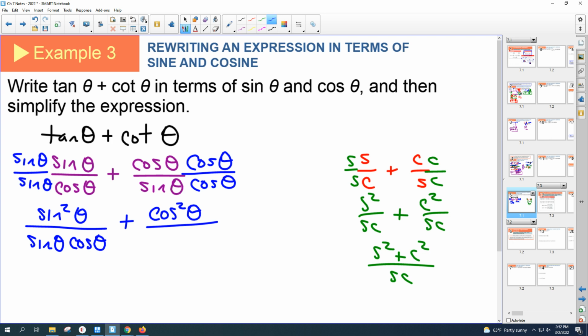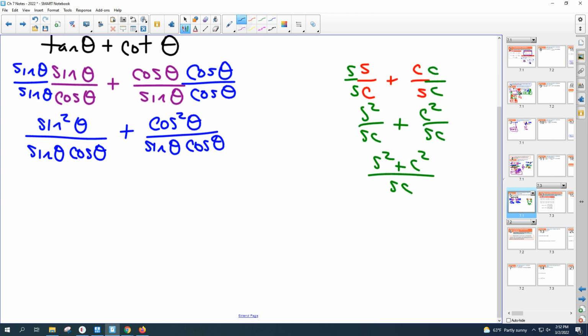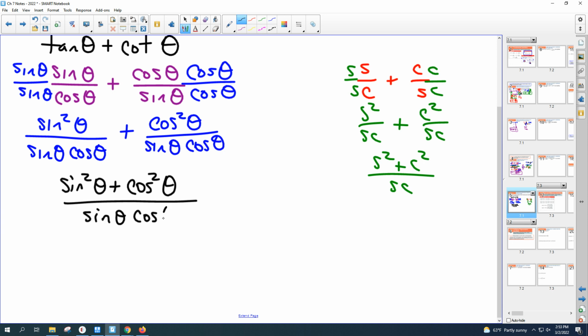Cosine squared theta, yeah, over sine theta cosine theta. Okay. And then we want to combine that into one fraction. We know we can put that together into one fraction. We're almost done. I like this problem a lot better than the last one. Doesn't cancel, right? It's going to combine. Sine squared theta plus cosine squared theta all over sine theta cosine theta.